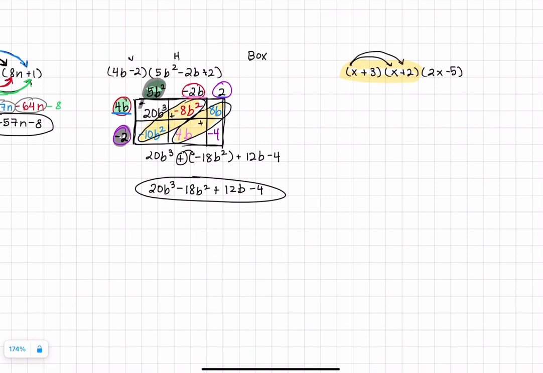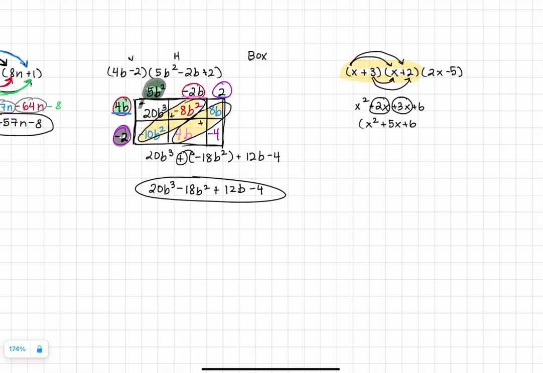So x times x is x squared, plus 2x, and then 3 times x is 3x, so plus 3x, and then 3 times 2 is 6, so plus 6. And then circle the like terms. So then this would be x squared plus 5x plus 6.